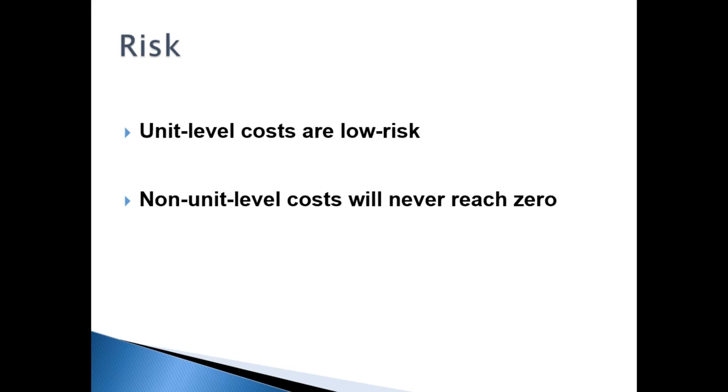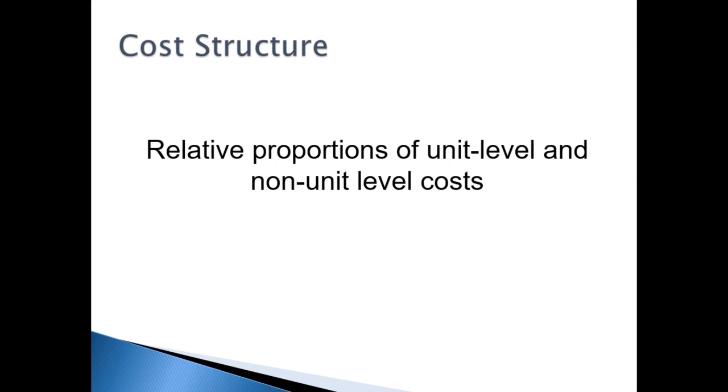The non-unit level costs, however, will not fall in proportion to a fall in output, and they will never reach zero. So whatever happens, you're committed to spending some money on these, which is why they're sometimes known as fixed costs or unavoidable costs. The cost structure of a business describes the relative proportions of the unit level costs and the non-unit level costs in the business.